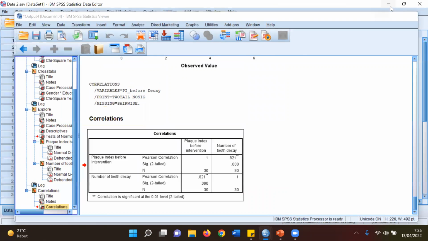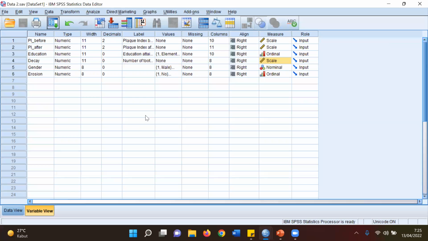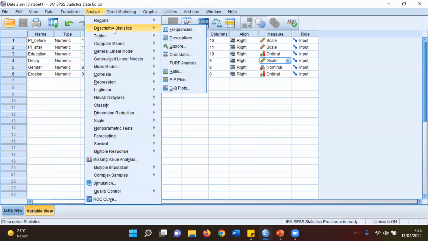If you'd like to try another example, I have prepared plaque index after intervention, which is not normally distributed, and then also decay. First, because plaque index after and decay are scale variables, we need to make sure that we do the normality test first.